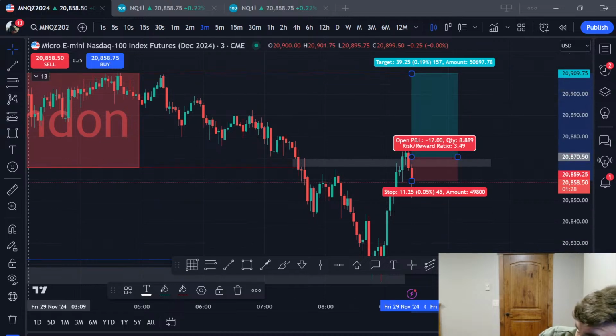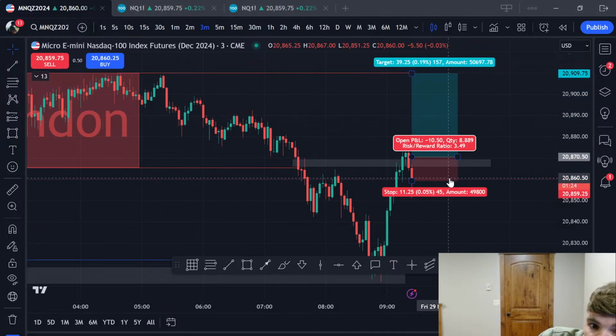This is a 1-hour fair value gap. I actually kind of think we're about to dump.